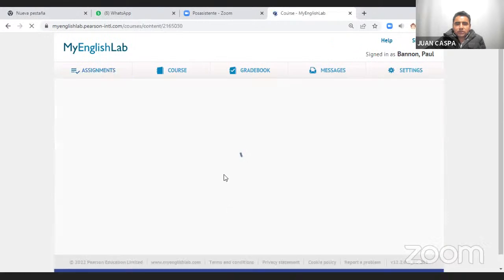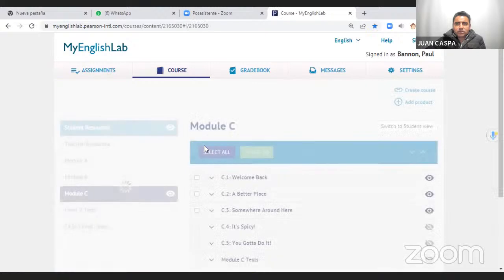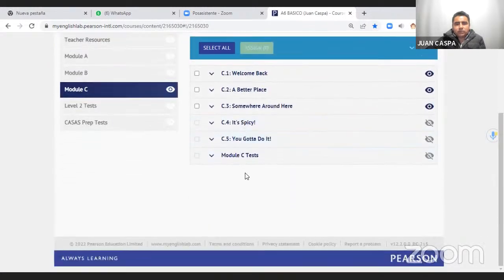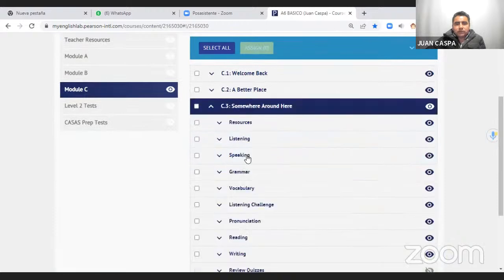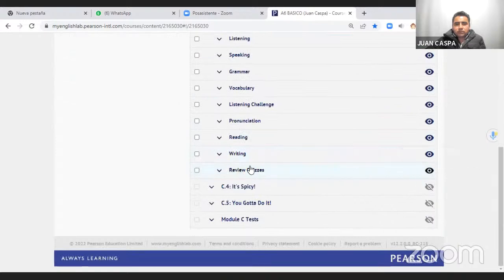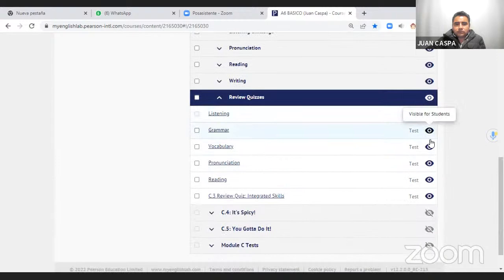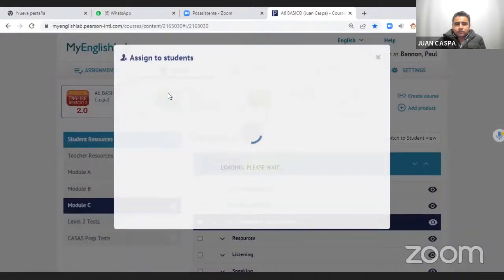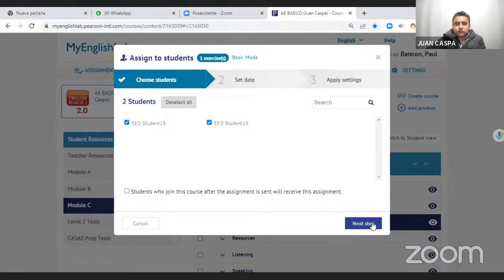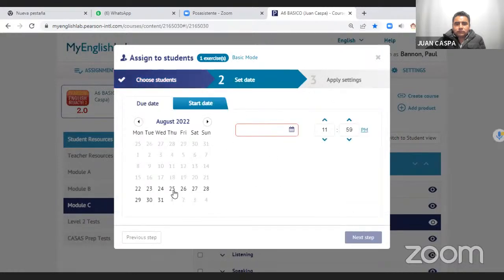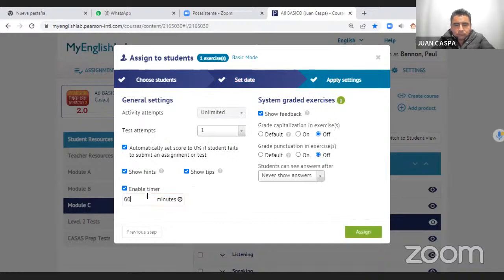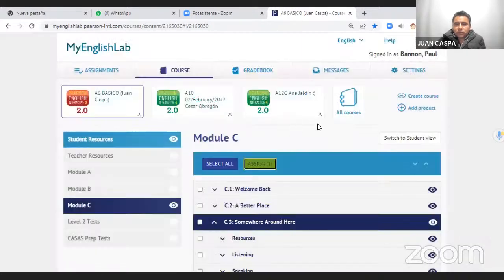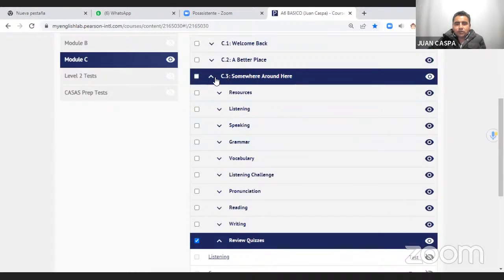The quiz of this unit of this lesson will be available until the same 25th. Okay. It's not going to be difficult. Okay, it's already assigned, by the way. I don't know if you have some questions about that.